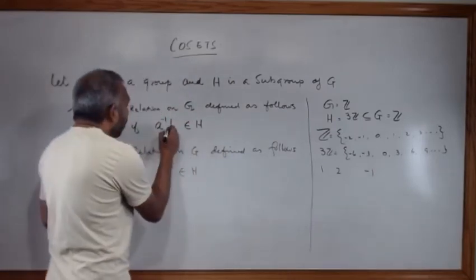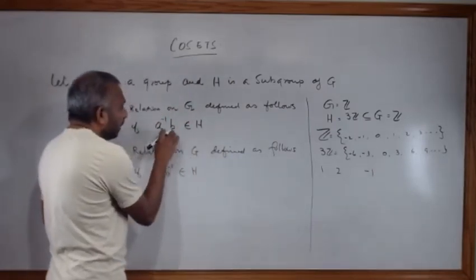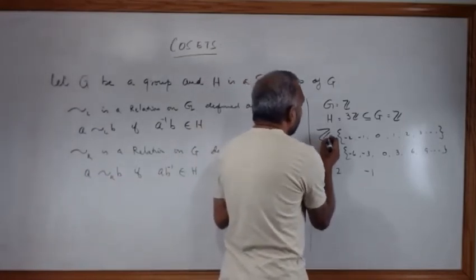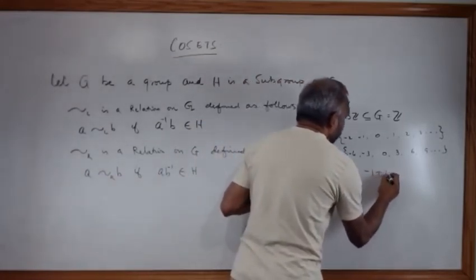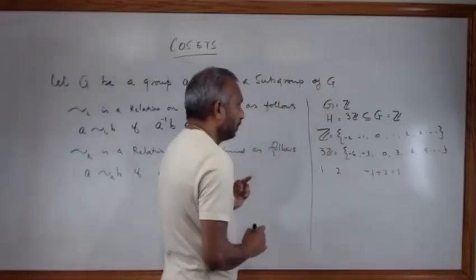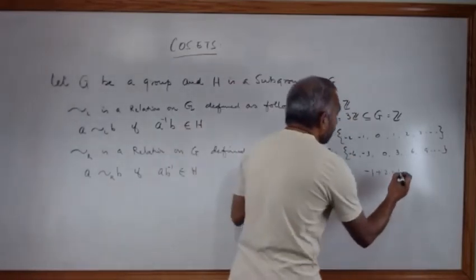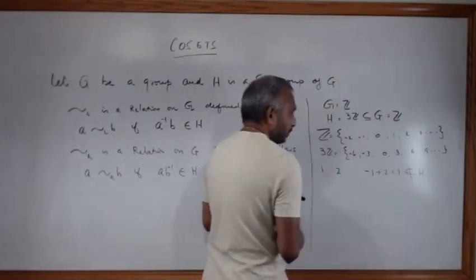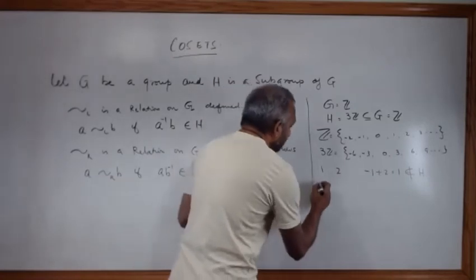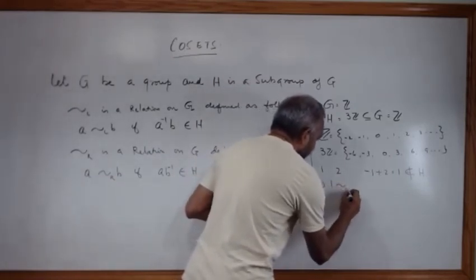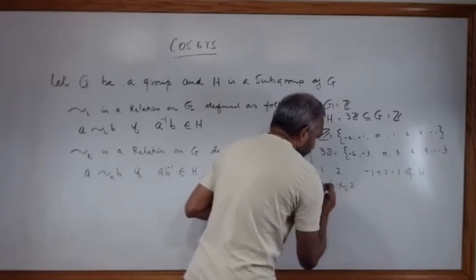And that operated by B, so here the binary operation is plus, and minus 1 plus 2 is equal to 1. But 1 does not belong to H. And that means 1 is not left related to 2.